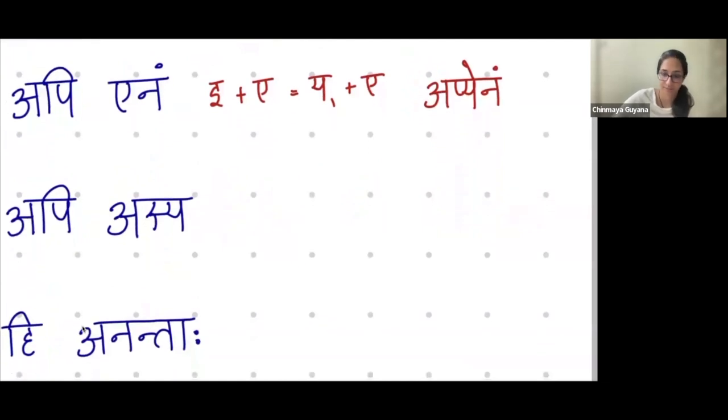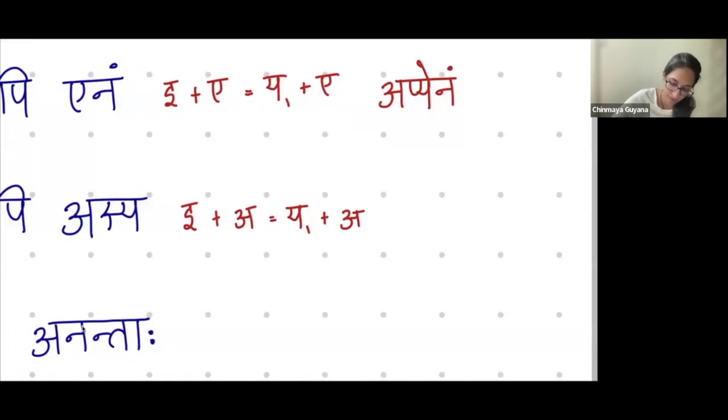Api asya. E plus A is Yahalant plus a. Also here, very same thing is going to happen. A, pia, sya. Apyasya.